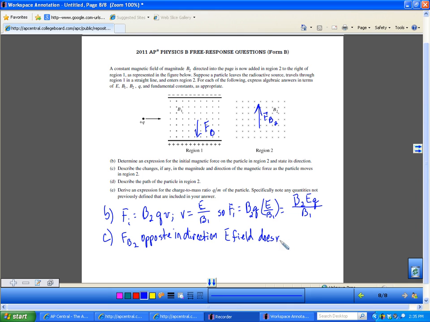It does not exist in region 2. And the magnetic field is constant, so the force of the magnetic field is constant.